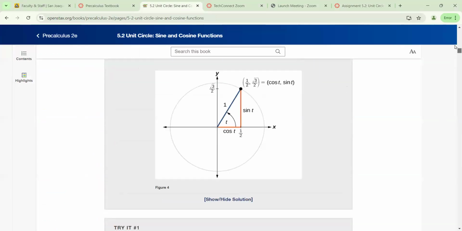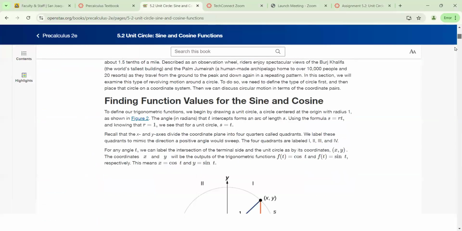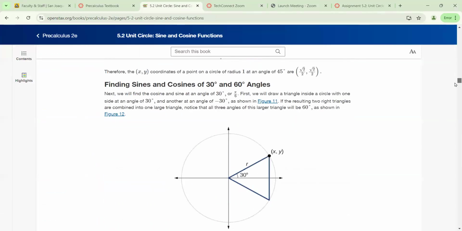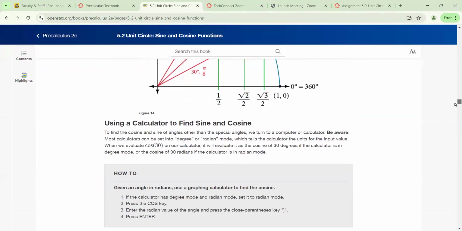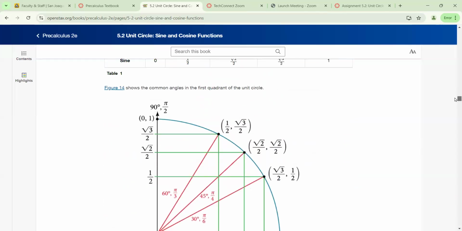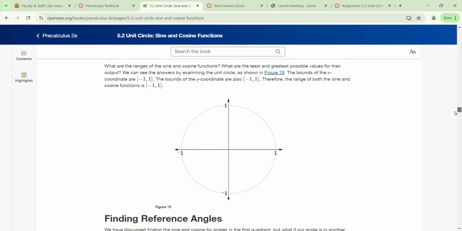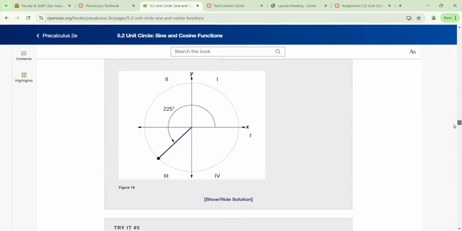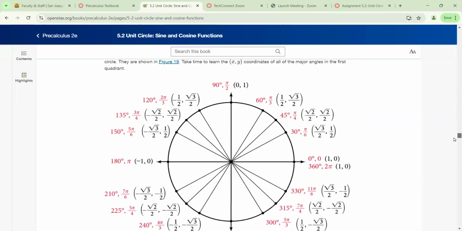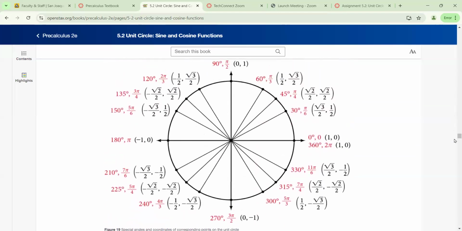Here is the unit circle with the information that we shared in your exercise. I'm going to show that to you, the complete unit circle picture, which I shared before. So right here, this one. The question was saying 5 pi over 3, which is this one.